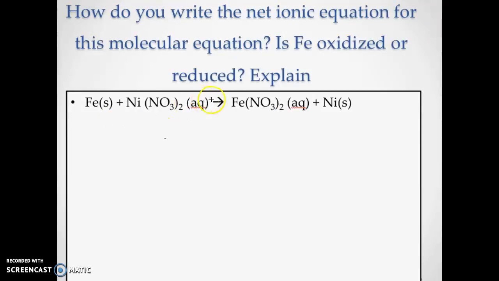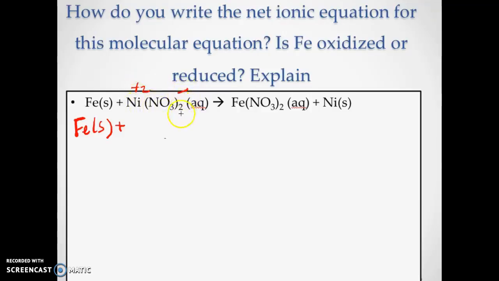You guys looked at the equation and you noticed that it needs to be reformatted into its net ionic form. Solid would remain the same. Fe solid plus Ni(NO3)2 here. This is a polyatomic ion, has a -1 charge, and this would be +2 to balance out the charges.